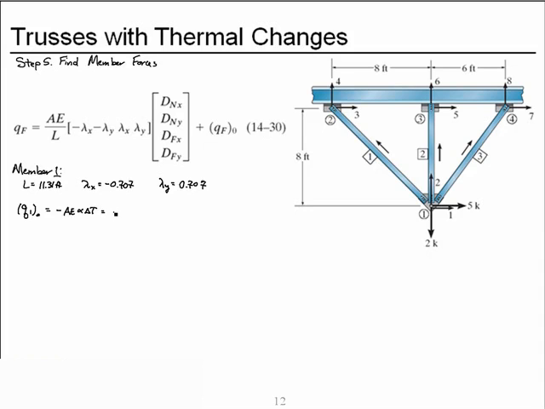And so for this member, that's minus 1 inch squared, 29,000 ksi, alpha is 6.5 times 10 to the minus 7th divided by degrees Fahrenheit, and our change in temperature 100 degrees Fahrenheit. Put those together and we get minus 1.885 kips.